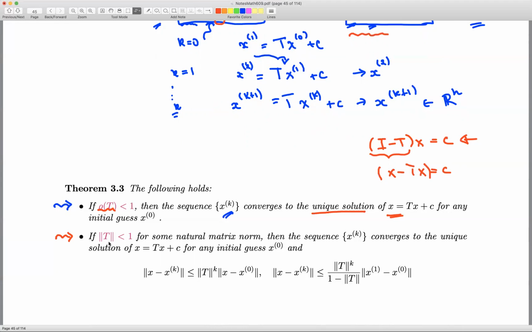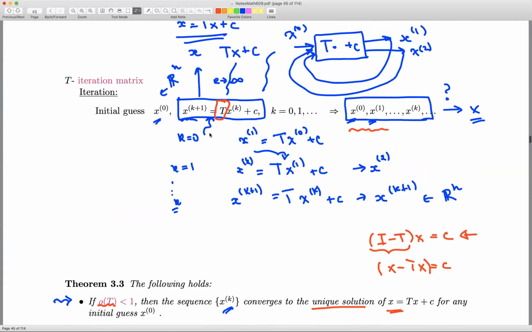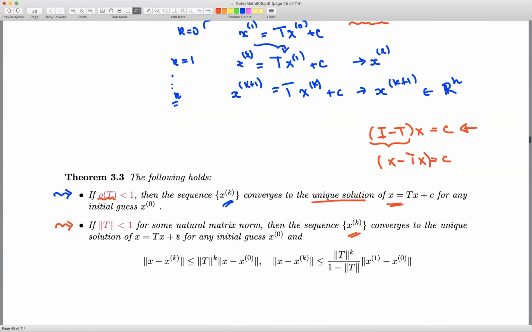If the norm of a matrix T is less than 1, where this norm could be any natural matrix norm, we do not specify which particular natural matrix norm, but if there is a natural matrix norm such that the norm of T is less than 1, then the sequence xk obtained by the iterative procedure converges to the unique solution of this system for any initial guess x0.